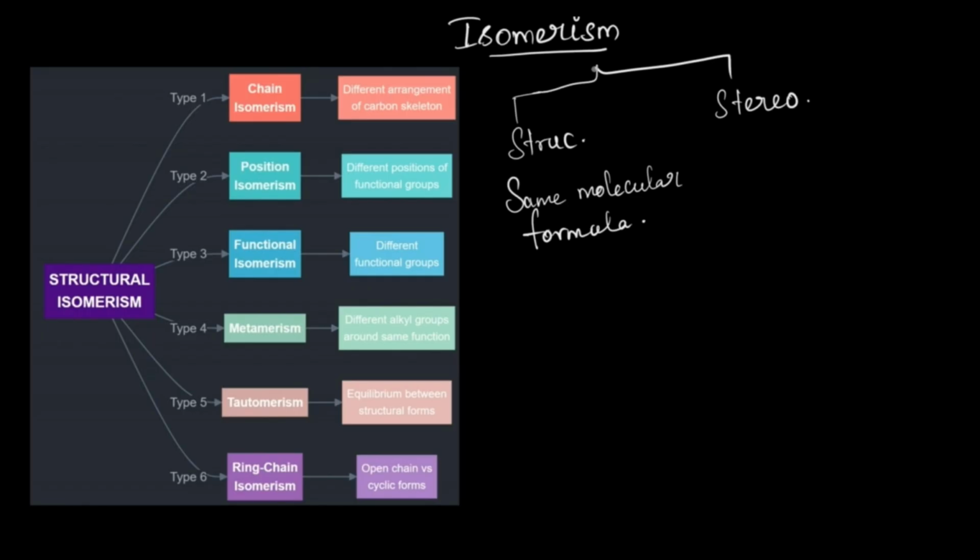So that is structural isomerism. This is further classified into main 6 types. They are chain isomerism, that is having same molecular formula but different arrangement of carbons. How, ma'am? Yes, we'll come to that.